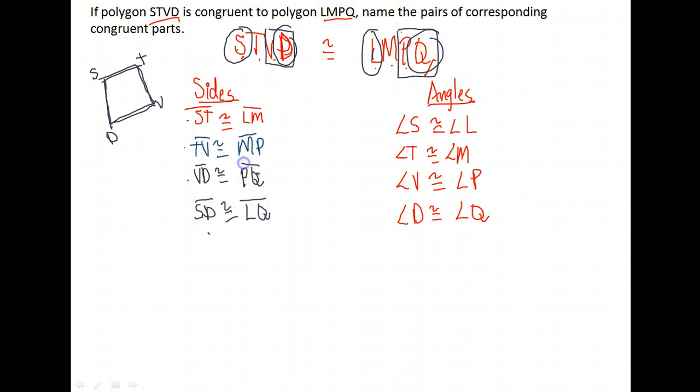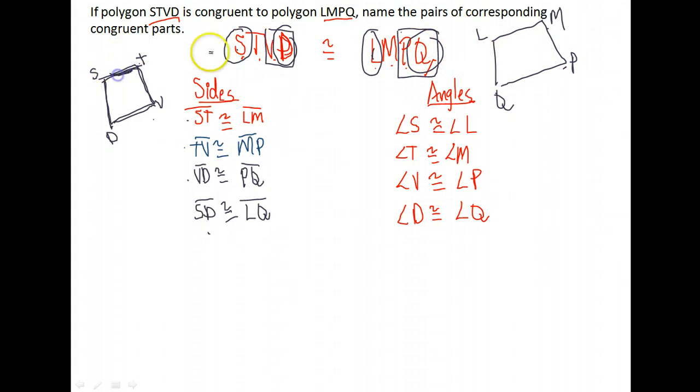So that's one way you could do this, or you could draw the figures yourself and label them. You just want to be really careful that you start and stay in the order they're listed. So STVD, make sure you start this one at L, the same place you had the S, and that you stay in order, don't skip back and forth, just go in a circle around the figure. And notice our parts do match up.